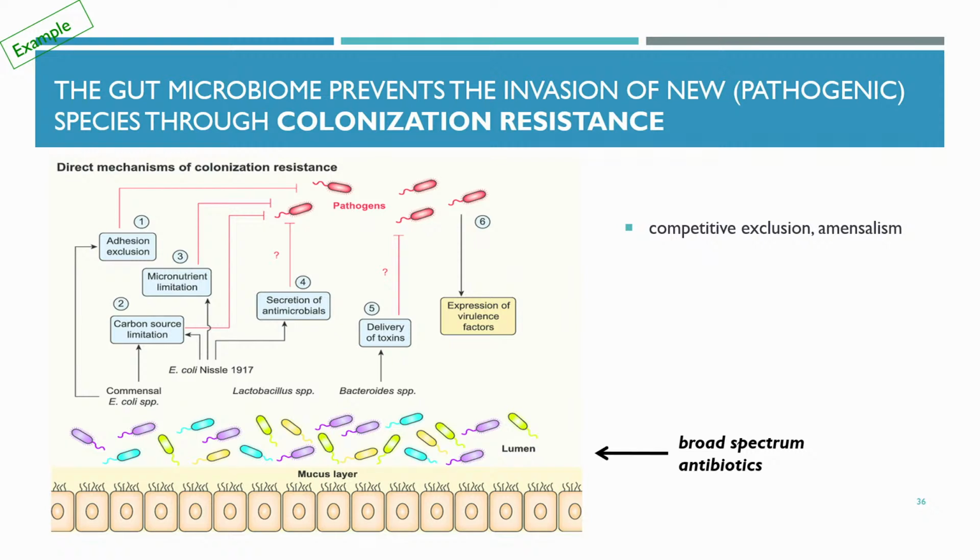It can be something that is already there that's opportunistic, remember? So opportunistic pathogens are microbes that are already existing, but under certain conditions, they can overgrow, and when they overgrow, they cause disease.